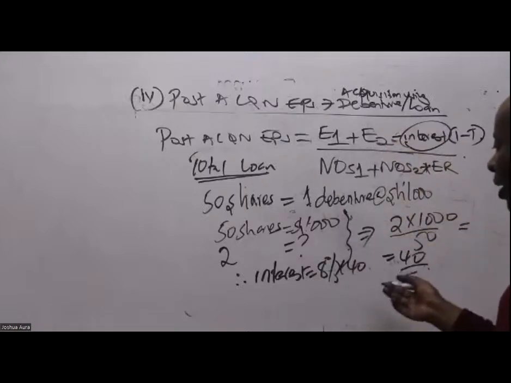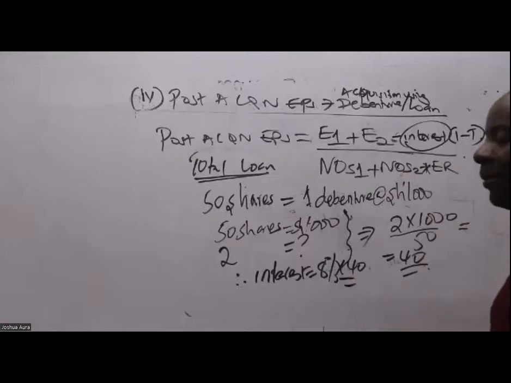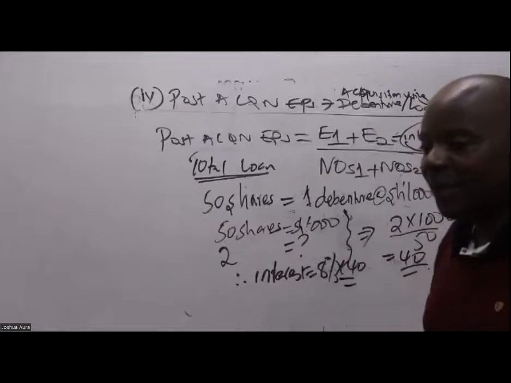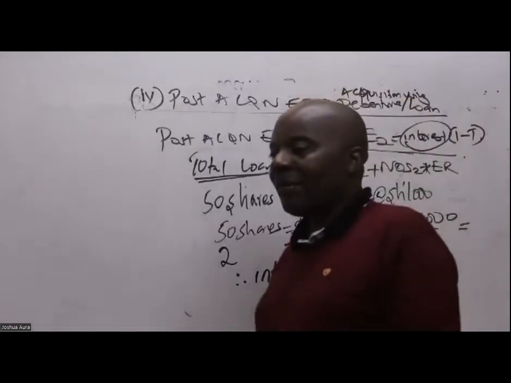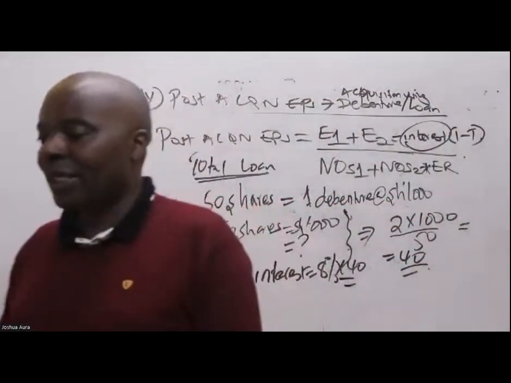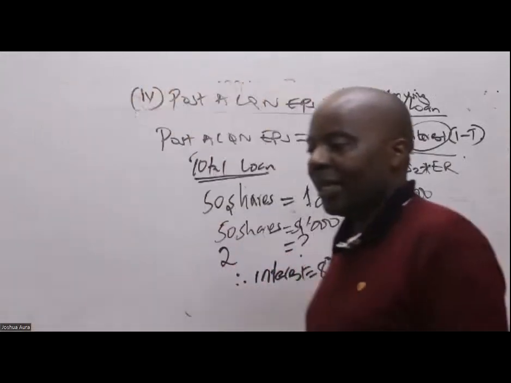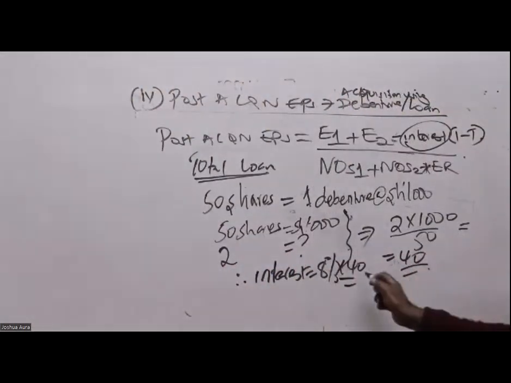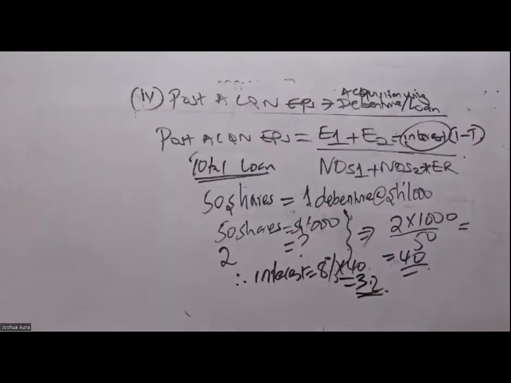So it is 8% of 40, which will end up giving me 3.2. So that is the interest payable.